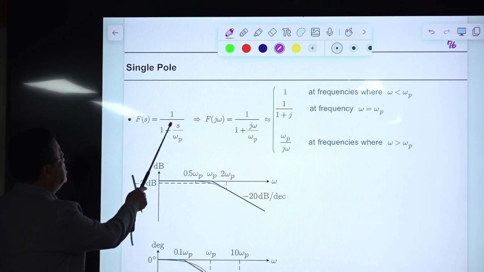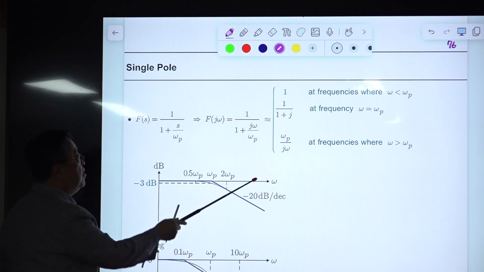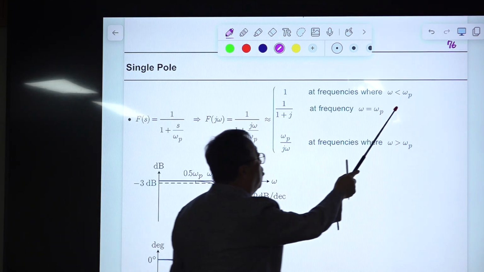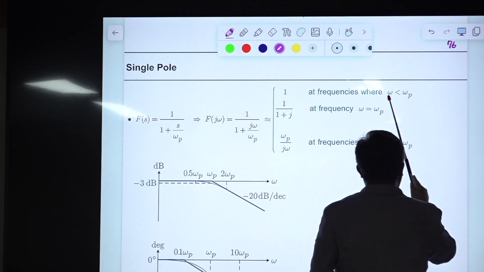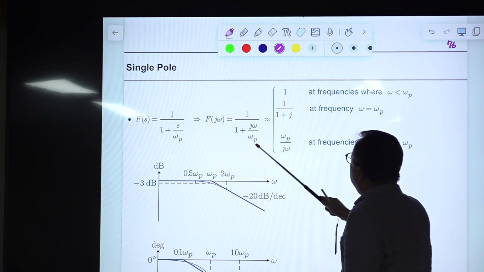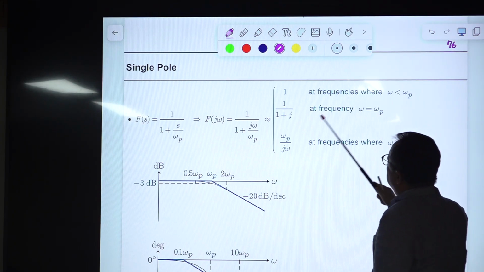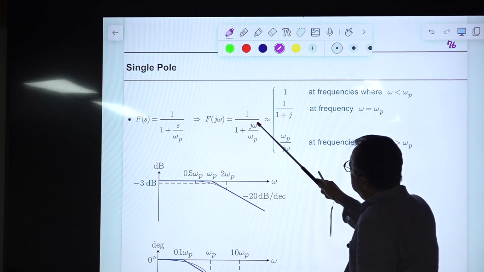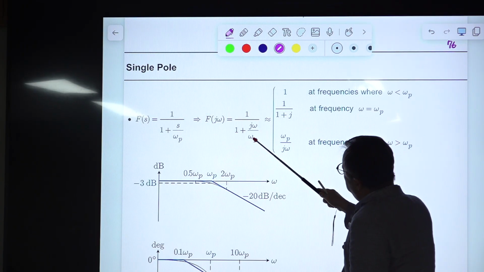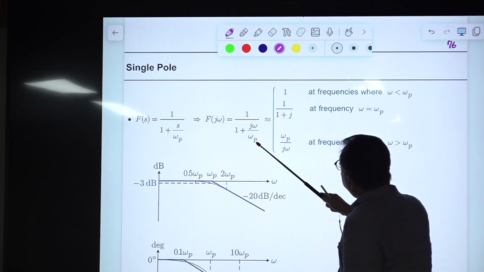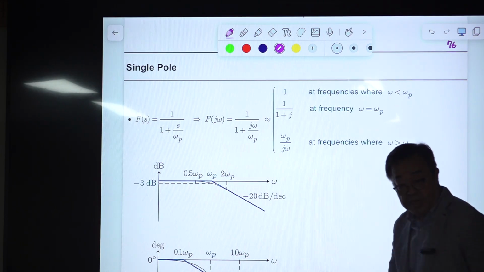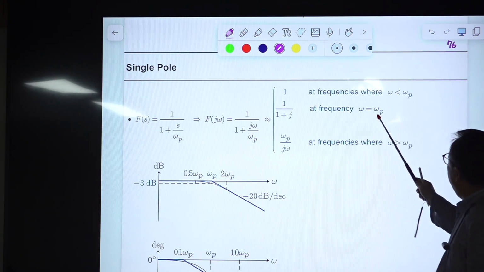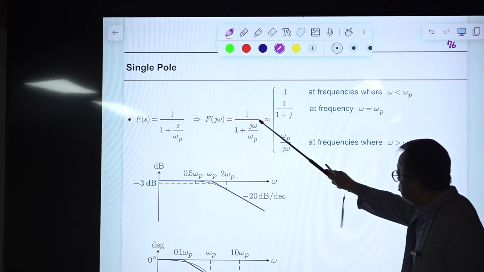Okay, s is j omega, and omega is less than omega P. Omega comes before this pole frequency omega P. Then this term is very small because this is smaller than this one, so this can be ignored and it becomes 1. Okay, at this frequency omega P, they remain the same, so they cancel.